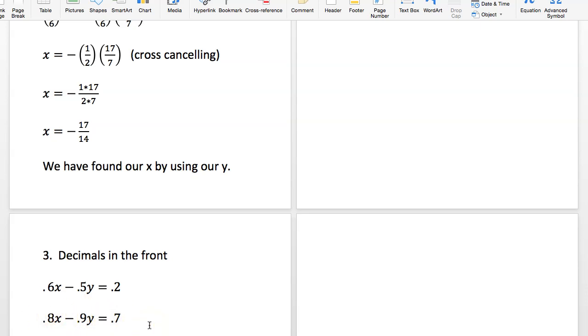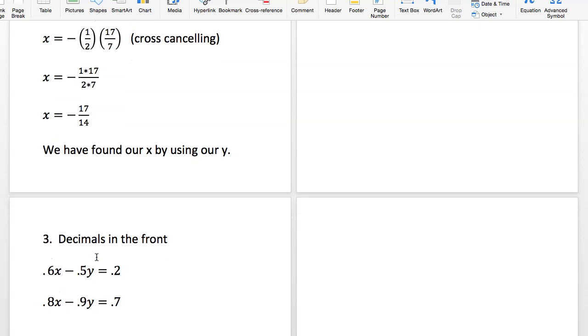But guess what I'm going to do? What if I'd started with this? What if this had been given to me at the front and I wouldn't have known about it? How do you handle this? Just multiply both equations by 10 to get pure integers.